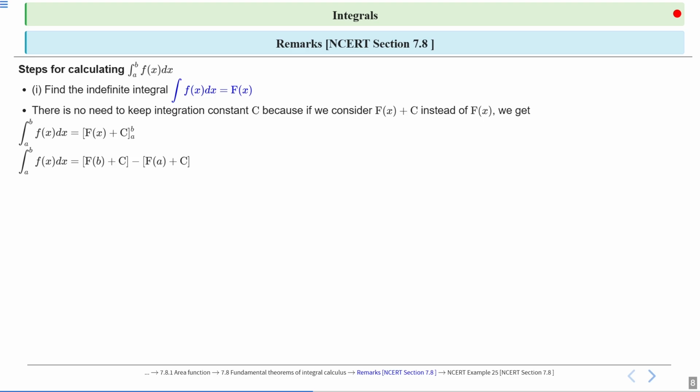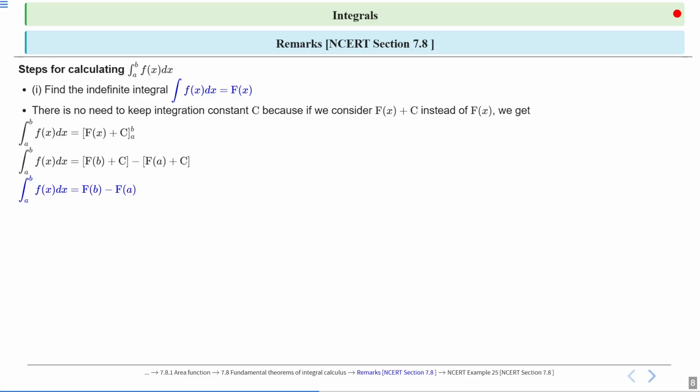So F(b) plus c minus F(a) plus c. So plus c and minus c cancel out. So the value of the definite integral is capital F(b) minus capital F(a). So there is no need for the constant of integration, because in the middle step it cancels out.